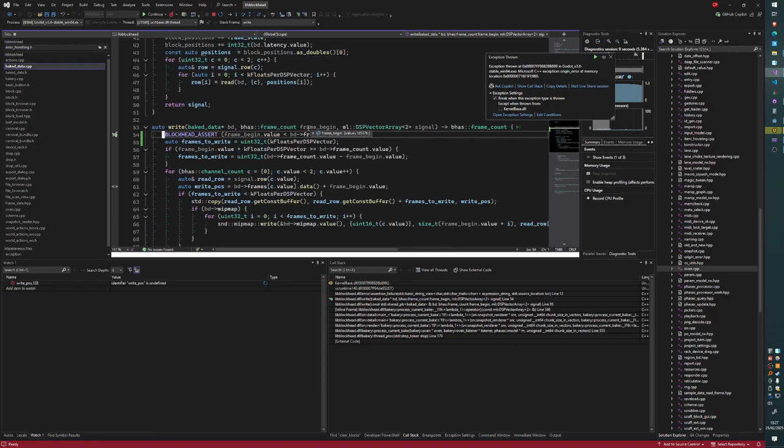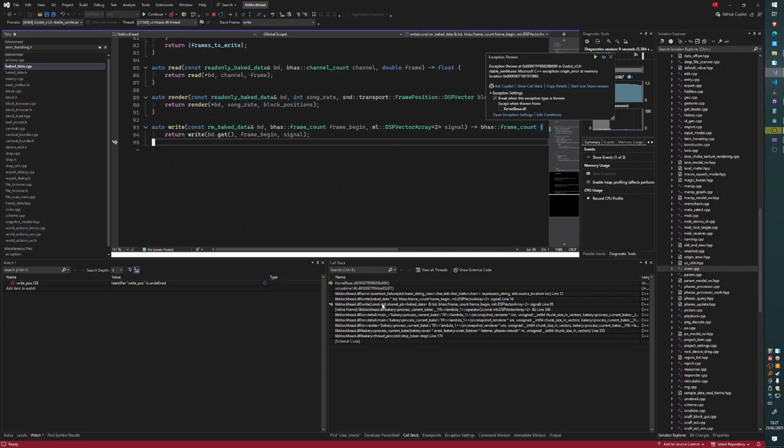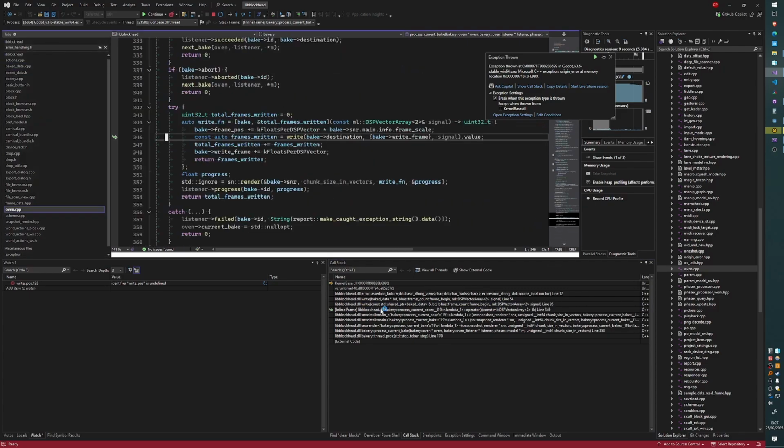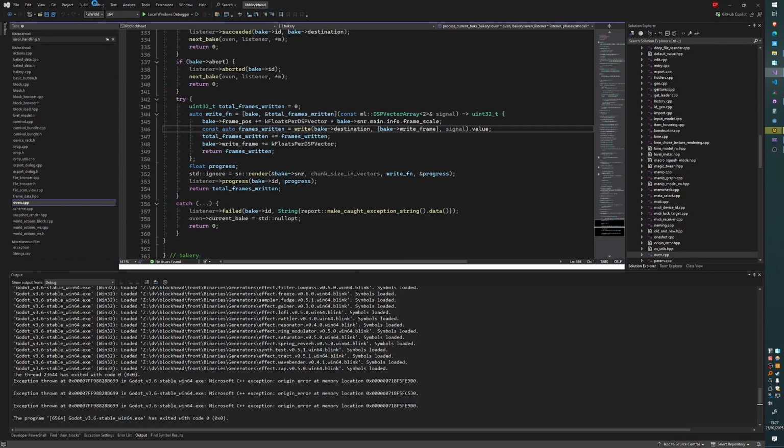Frame begin 165376. Why would it only happen in release? I really don't know. I do not know. I would love if it happened in debug mode.